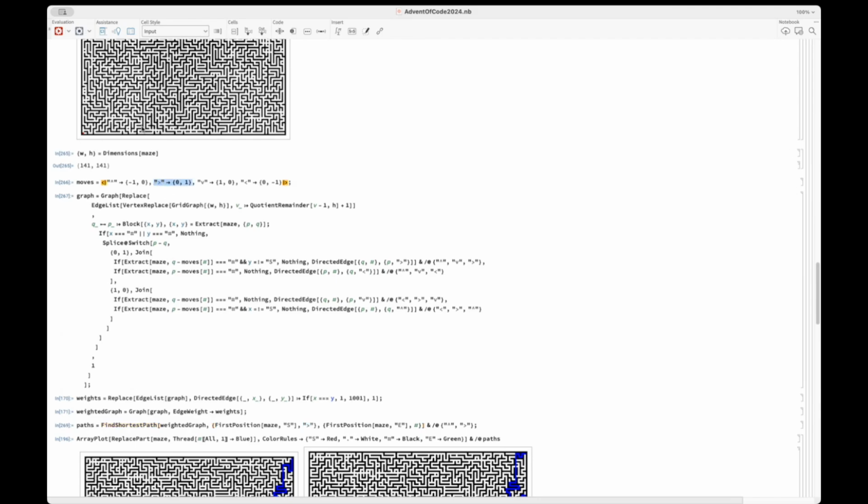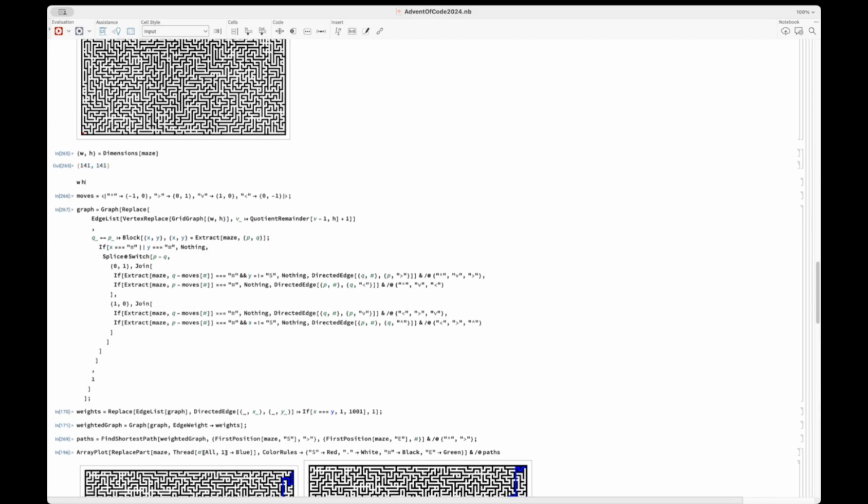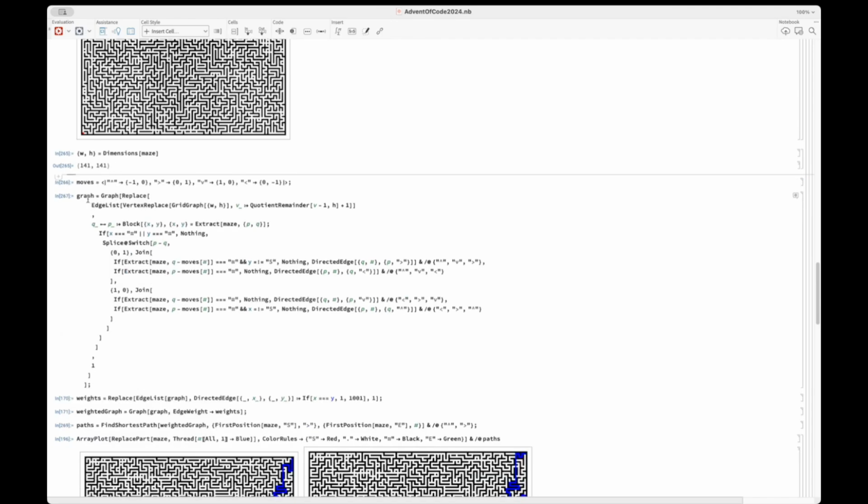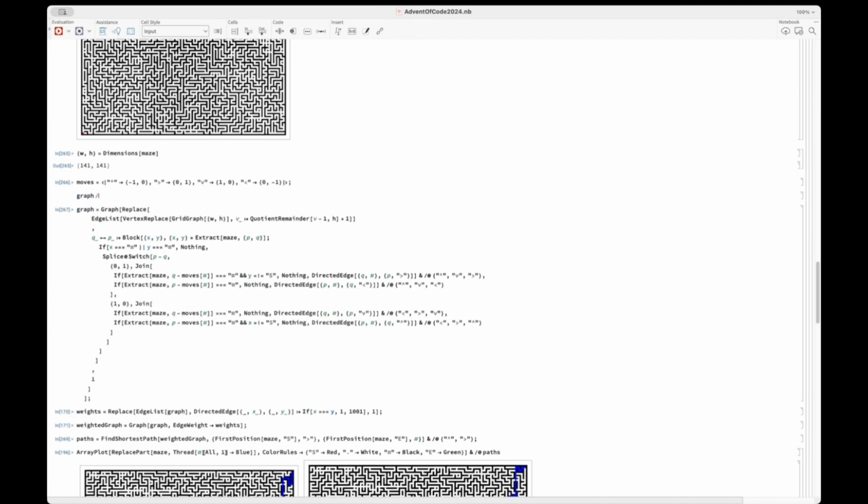So it's width times height times 4. That's how many vertices are in the graph, but the edge count is even larger. How many edges are there?